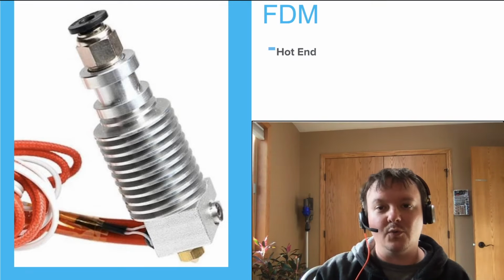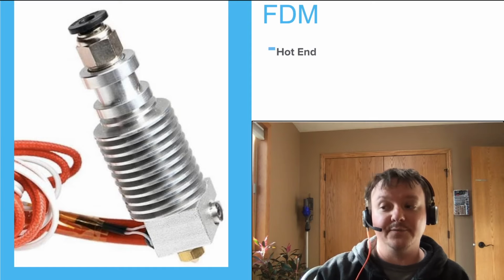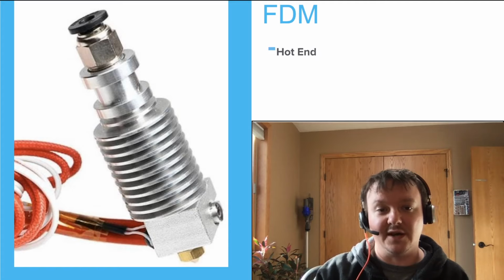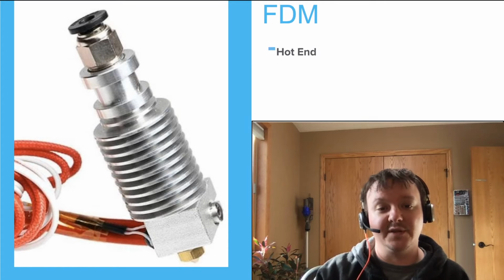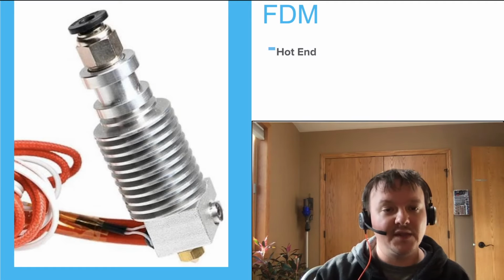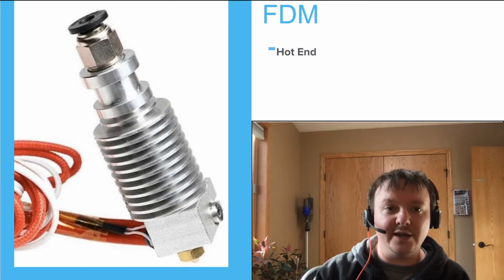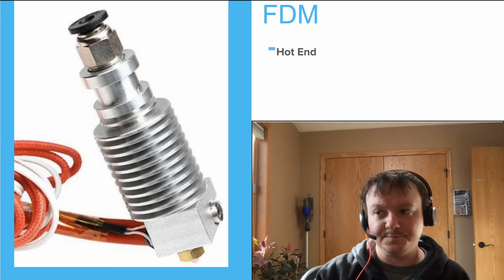So you don't want your filament melting too early. So the heat break separates the hot end from the rest of your filament. So this allows the filament to slide in. Usually there's a fan on the heat break to remove any of that excess heat. So you want a very short zone between melting and not melting. And on the top of that, there's usually some sort of a guide to guide the filament in.